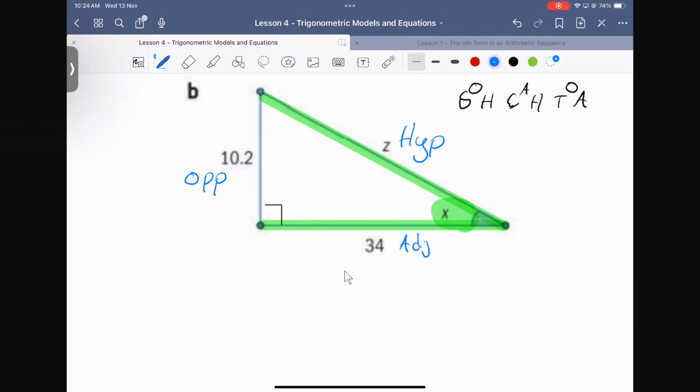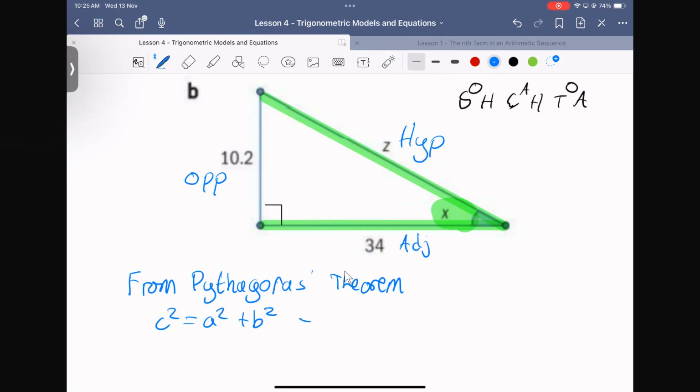A squared plus b squared equals c squared. So from Pythagoras' theorem, c squared equals a squared plus b squared, which means that c is the hypotenuse.